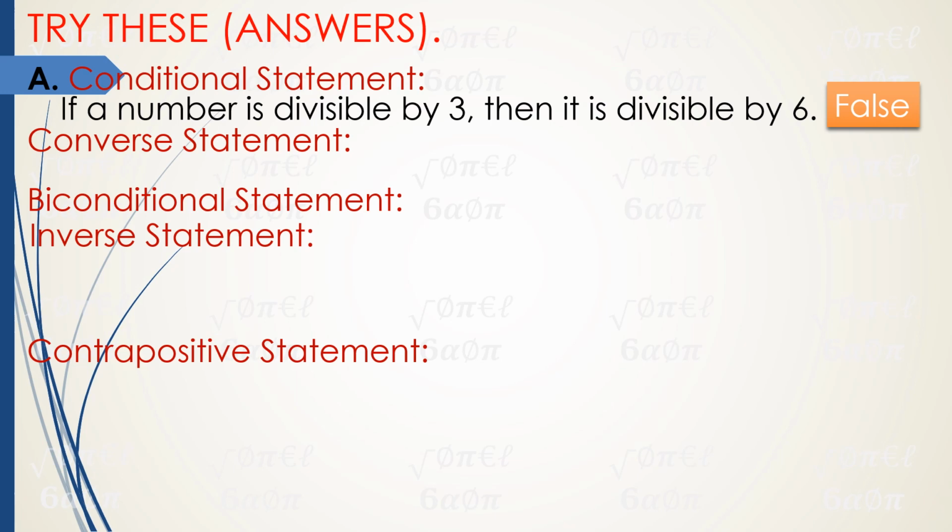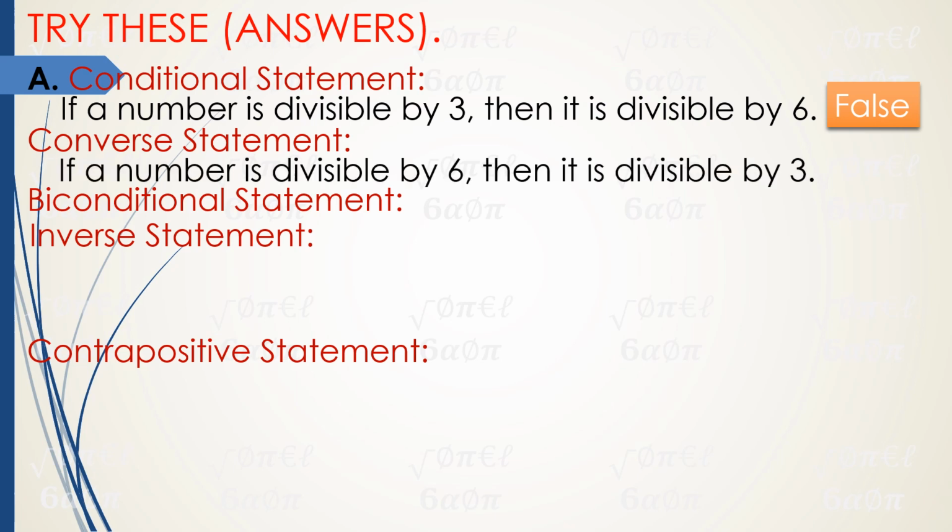So, therefore, it's a false statement. For its converse, pagbaligtarin natin, if a number is divisible by 6, then it is divisible by 3. It's a true statement. Kung divisible daw by 6, divisible na raw by 3. Yes. So, lahat ng divisible by 6 ay divisible by 3. For our biconditional statement, we do not have, or none, kasi false yung ating conditional statement.